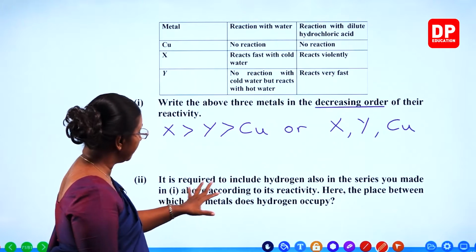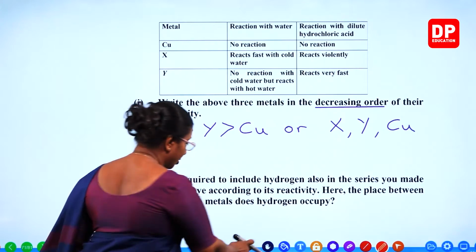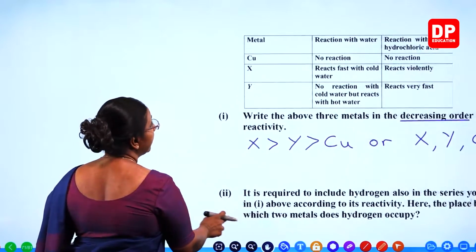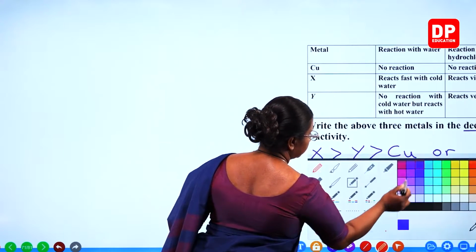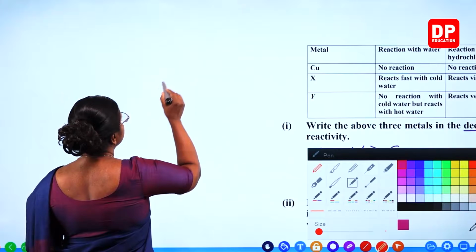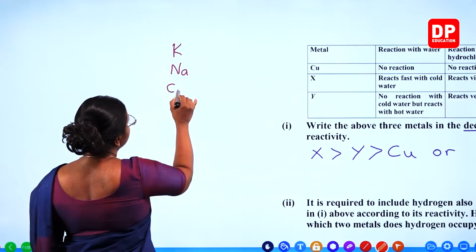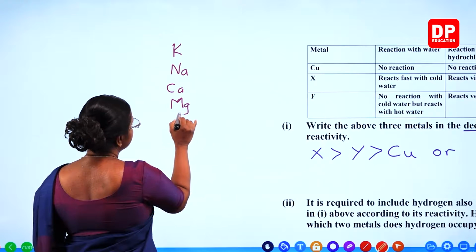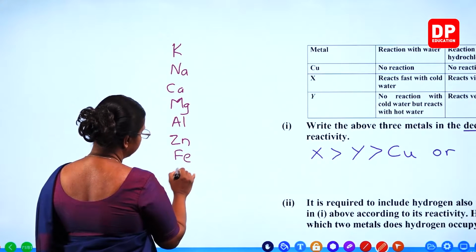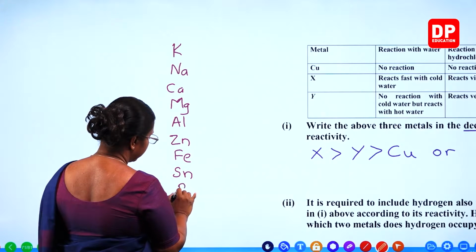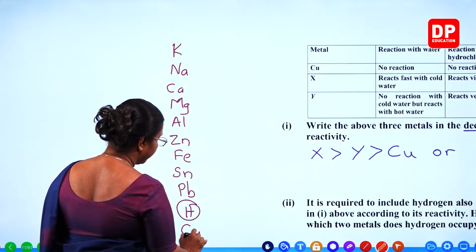So already I told you all, but if you recall the activity series, you can remember, students: potassium, sodium, calcium, magnesium, aluminium, zinc, iron, tin, lead, then you have hydrogen, then you have copper.